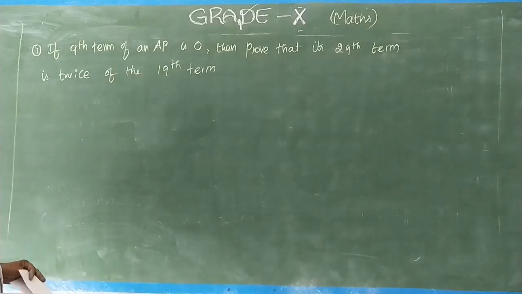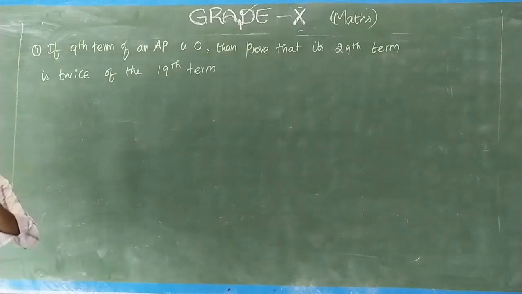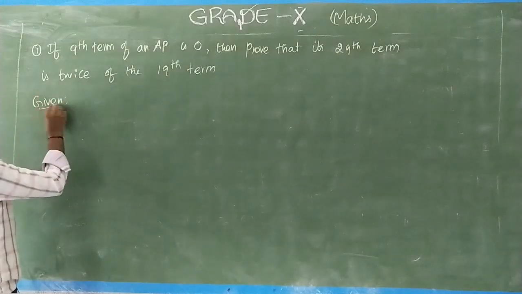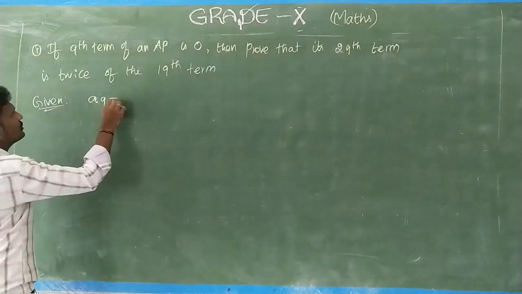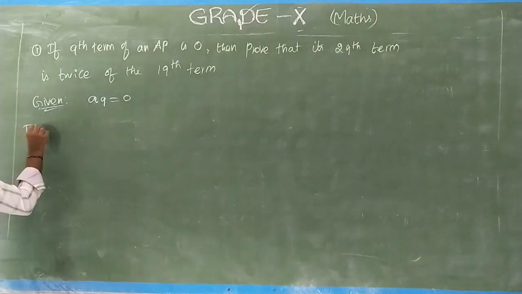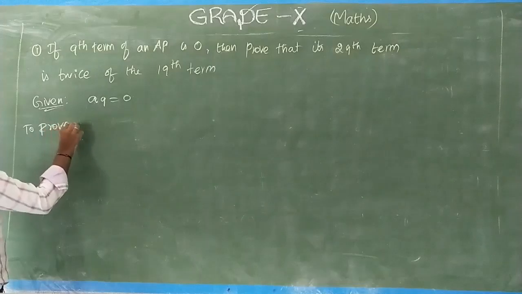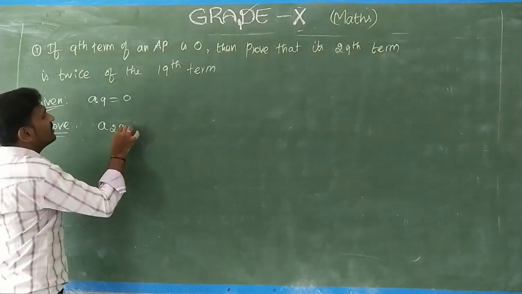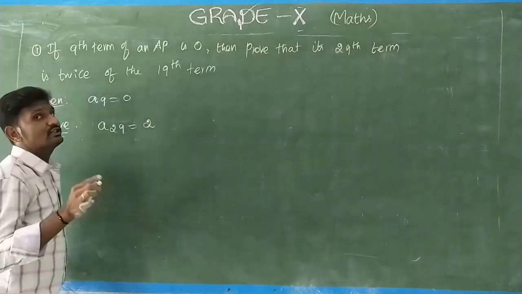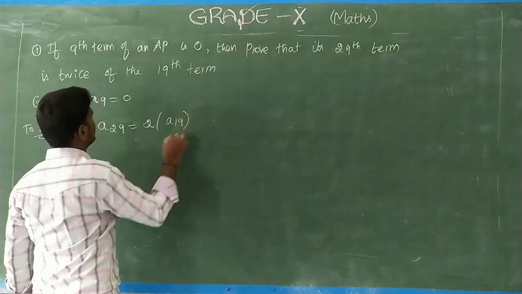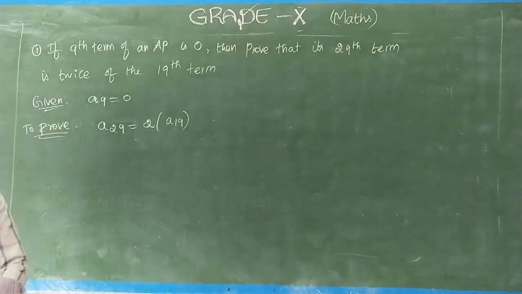Yes, friends. So the 9th term of an AP is 0. Now taking given, a9 is equal to 0. Now what I am going to do to prove: the 29th term, that is a29, is equal to 2 times the 19th term, a19. Yes, student. So listen carefully, all of you.